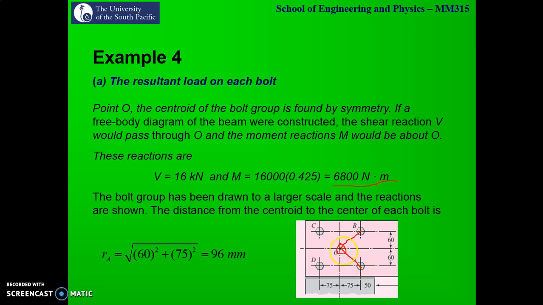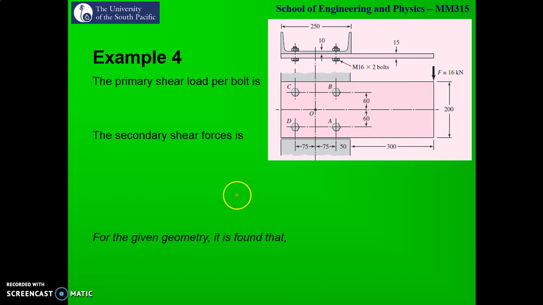We can calculate our distance OI, which is your RI, from a right angle triangle. We've got 75 over here and 60 over here. So the square root of 60 squared plus 75 squared gives the distance of bolt I from the centroid as 96 mm. And the geometry is such that RB, RC and RD are exactly the same.